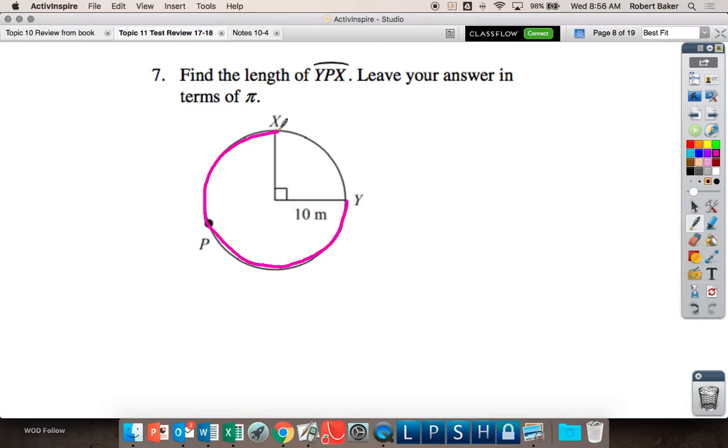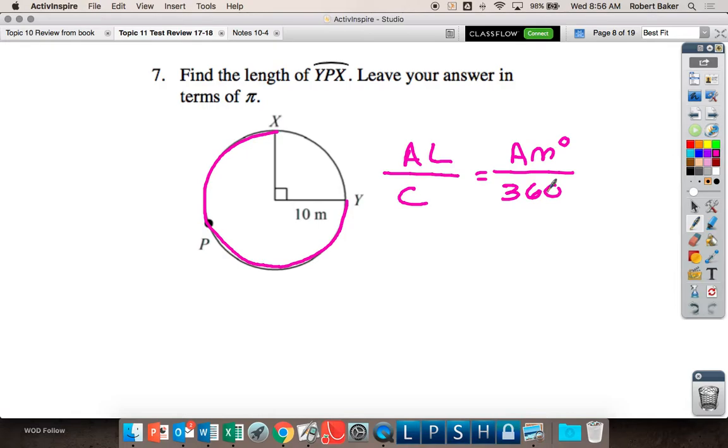So we have to use the formula arc length over circumference equals the arc measure in degrees over 360. Do we know the length of arc YPX? No, we don't.